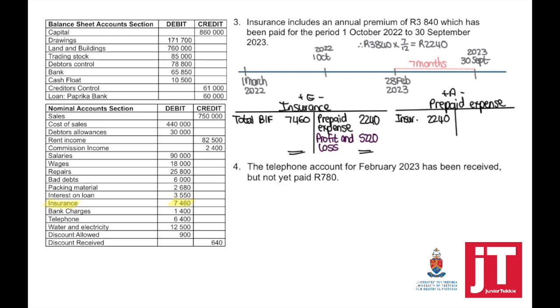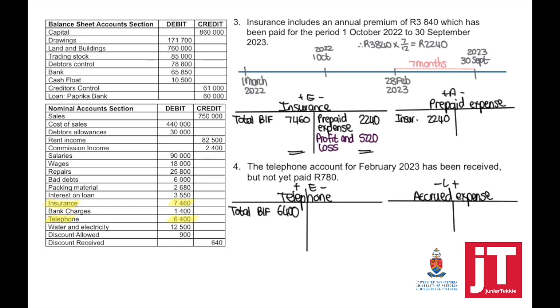Adjustment number 4. The telephone account for February 2023 had been received but not yet paid, $780. It means it's still outstanding. And if it's still outstanding, it must be added to the total brought forward from the pre-adjustment trial balance. And anything still outstanding, where do we take it?